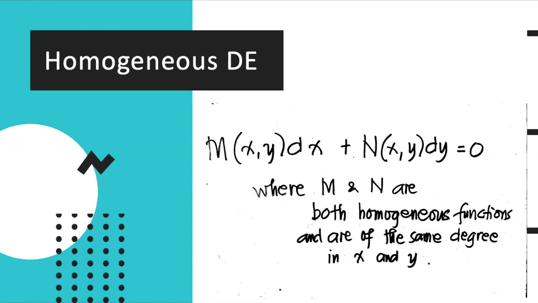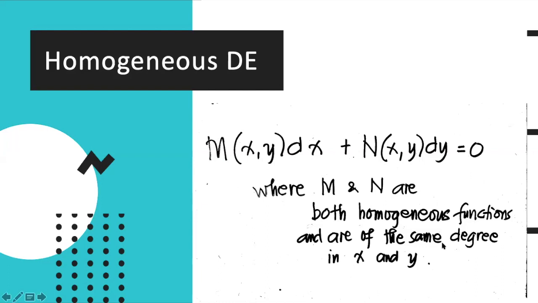if the coefficients M and N are both homogeneous functions of the same degree, then the ratio of these functions is homogeneous of degree 0.